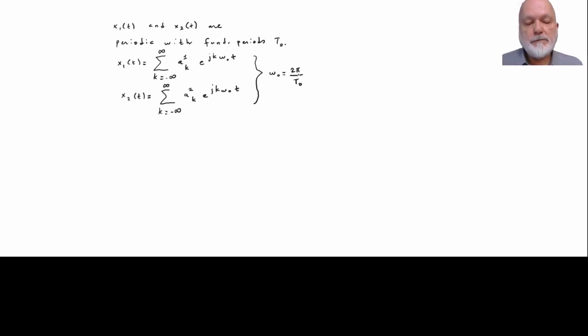Now, we have the following claim. We claim that the signal x of t equal to alpha 1 x1 of t plus alpha 2 x2 of t, where alpha 1 and alpha 2 are arbitrary constants.